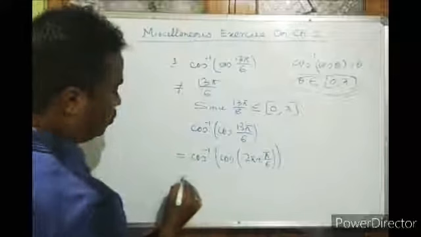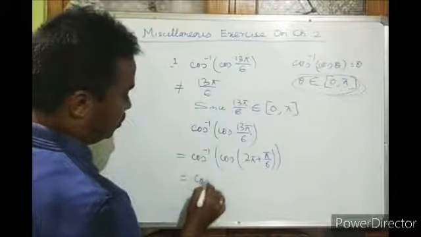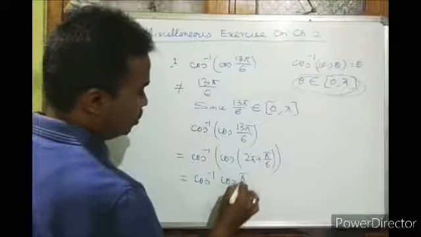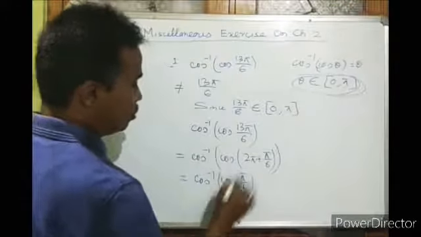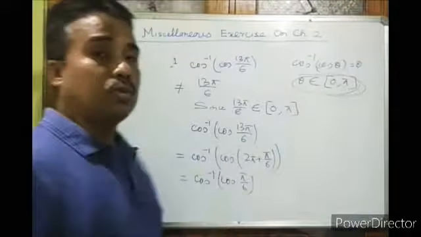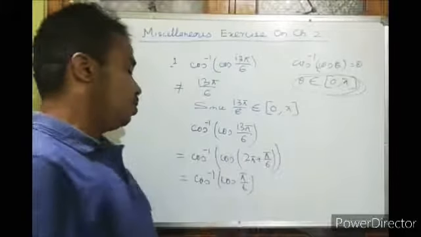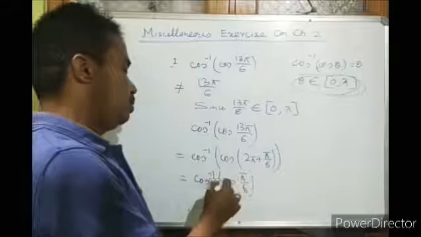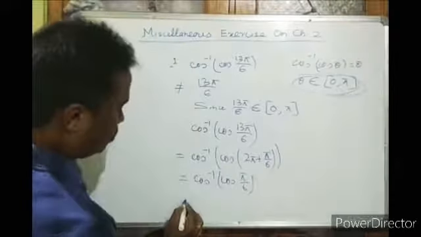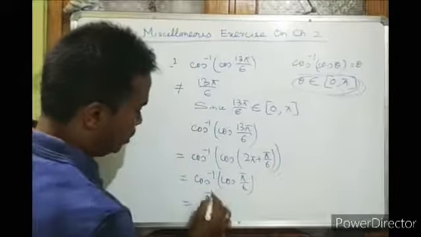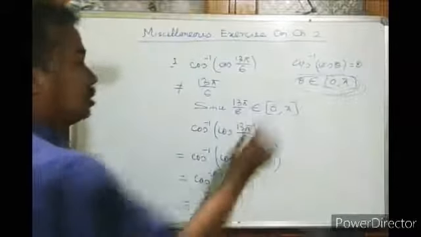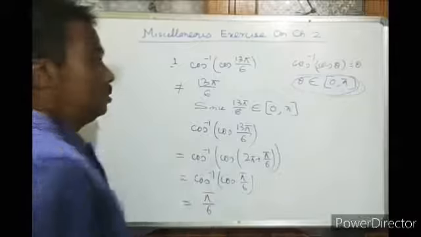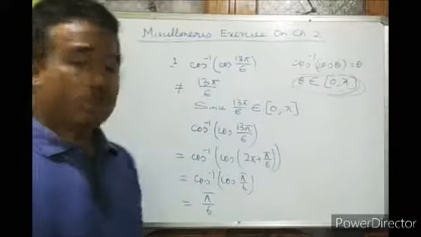So this is equal to cos inverse cos pi by 6. We know this because cos of twice pi plus theta is cos theta. So cos of twice pi plus pi by 6 is cos pi by 6. So this is equal to pi by 6, as pi by 6 is now in this interval. So in this way this question number 1 is solved.